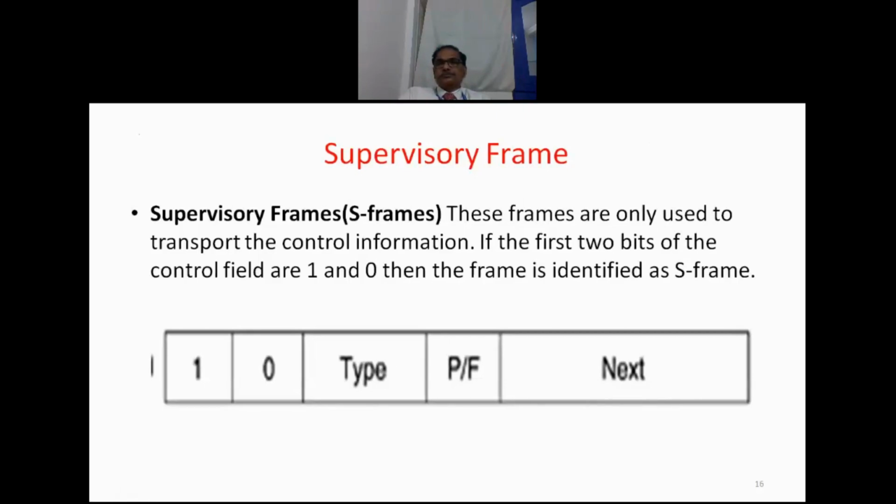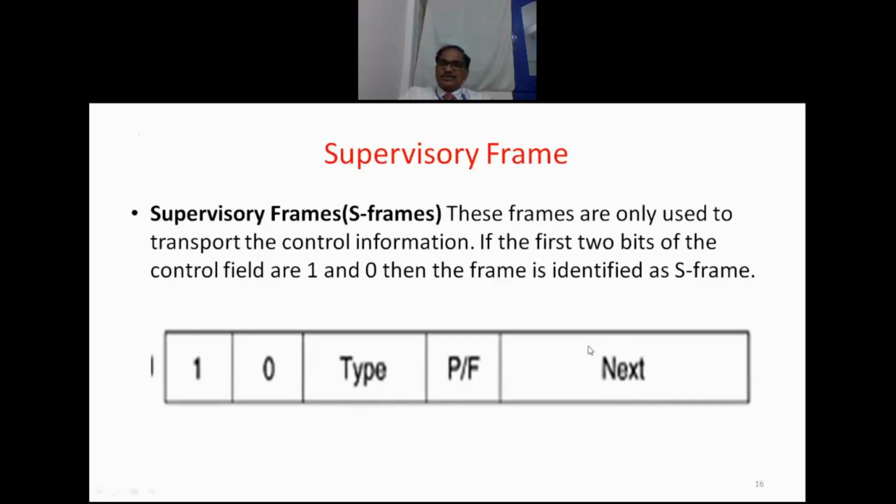Type 3, 1 1. Type 3 indicates selective repeat or selective reject. In what we have seen previously, maybe frame 2 is rejected and all others are accepted. In selective repeat, only 2 is rejected, so retransmission is for 2 only. The same thing can be reported here.